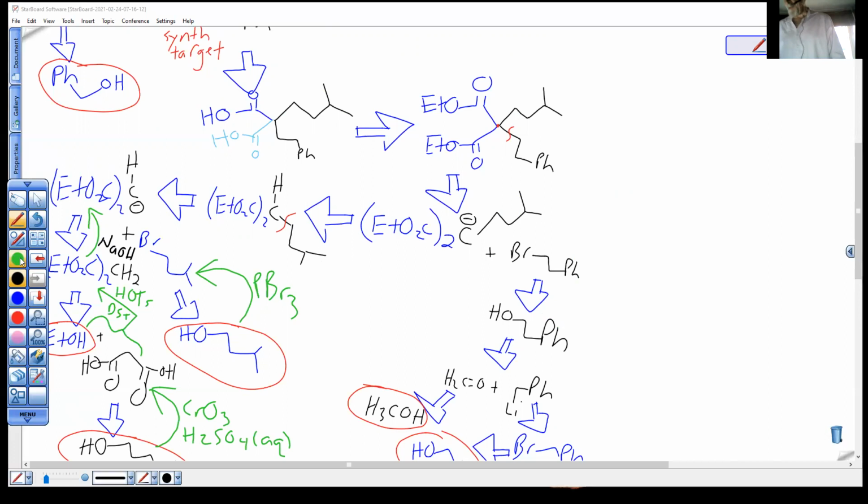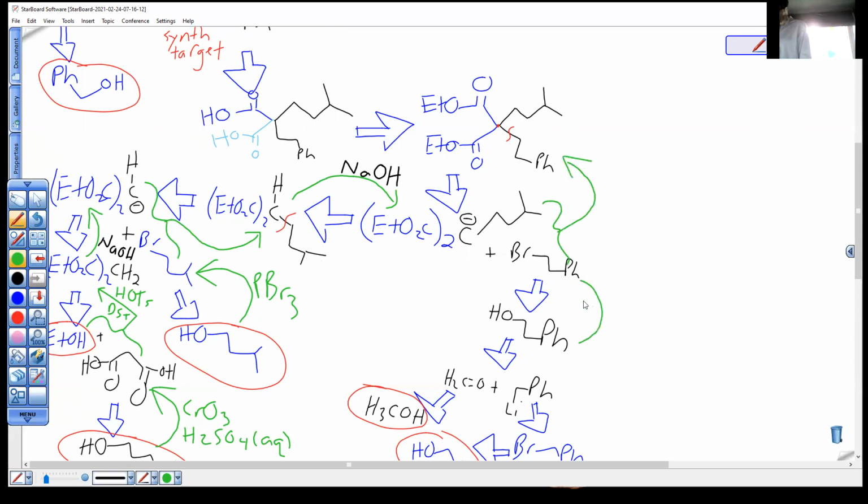These two combine to make that. You don't need to show anything else. Just show them combining. Taking the H off was just as easy here as it was previous. NaOH. Take advantage of that alpha to 2 carbonyls hydrogen. And then we just need to mix these two together to make that.